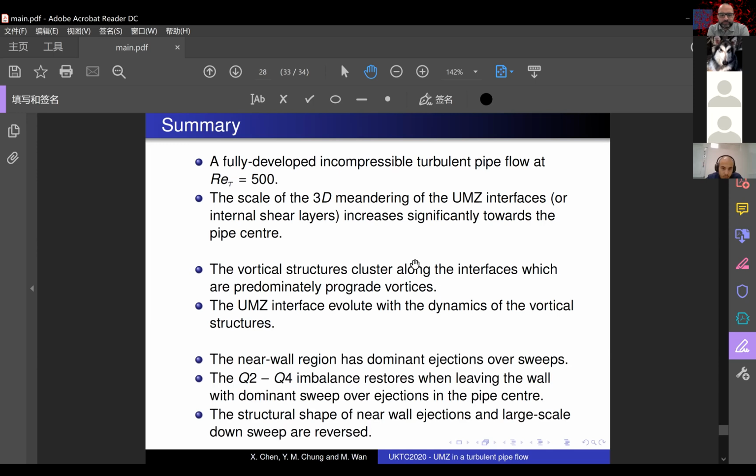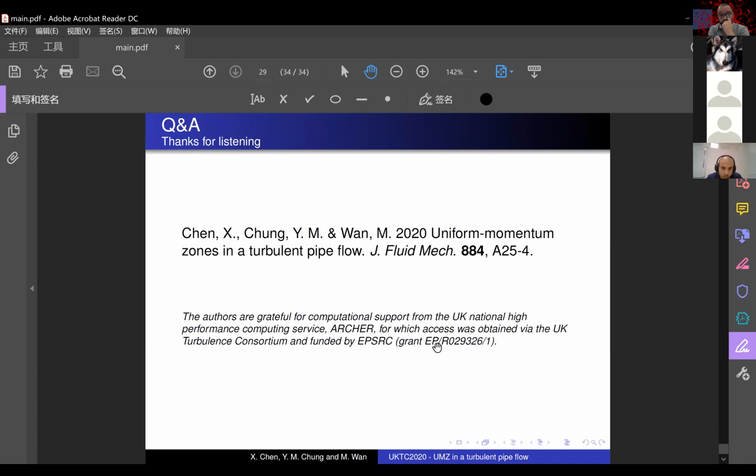In the near-wall region, there are dominant ejections over sweeps, and this imbalance restores when leaving the wall and moves towards a sweep over ejection state in the pipe center. So the structure shape of the near-wall ejections and the large scale downward sweeps are reversed in the pipe. There are more details in our recent paper, and thanks for listening.